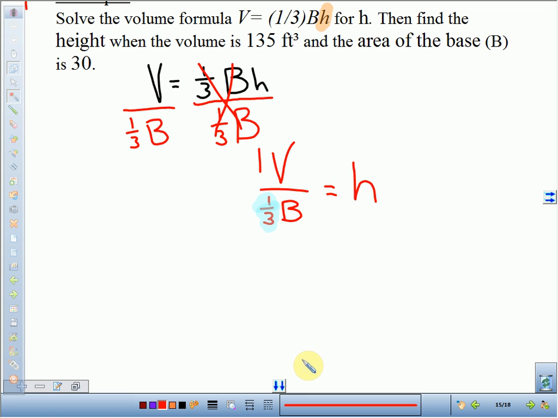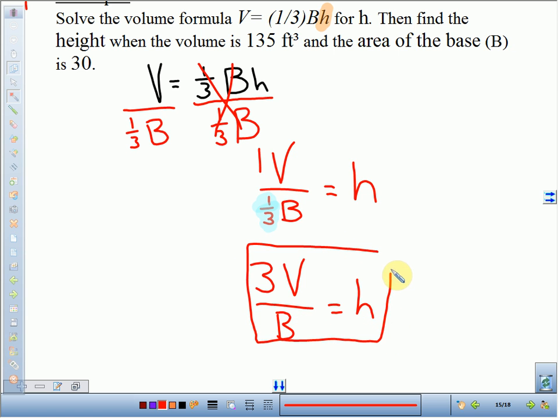So if I divide 1 by 1/3, I get 3. So that would be 3V over B. Since it's 3, the whole number, it goes on top of the fraction. So 3V over B equals H. That is the formula solved for H.